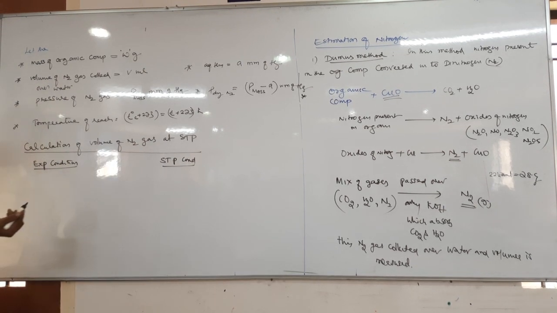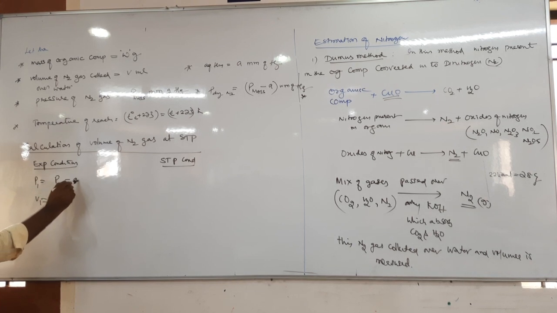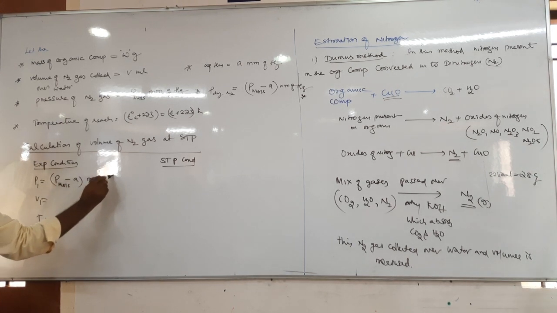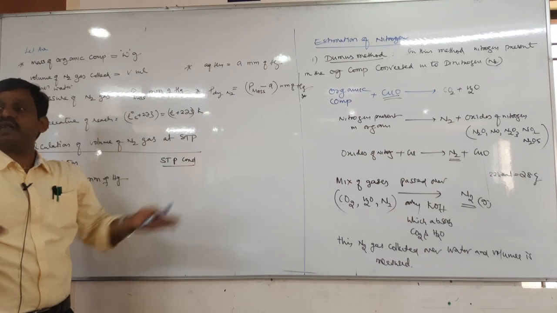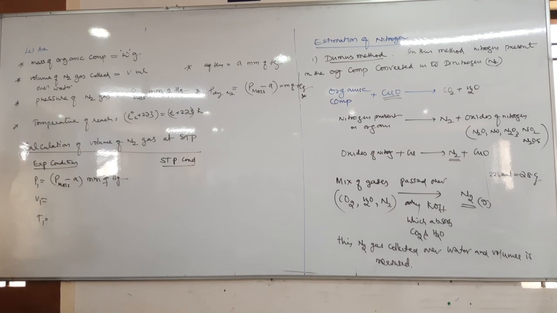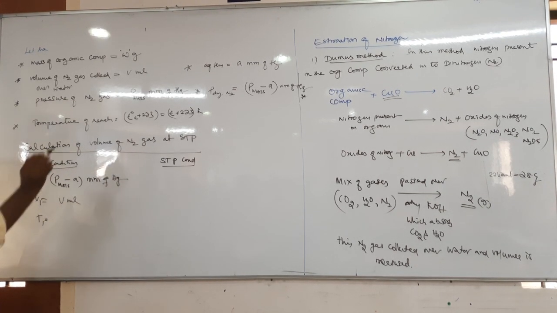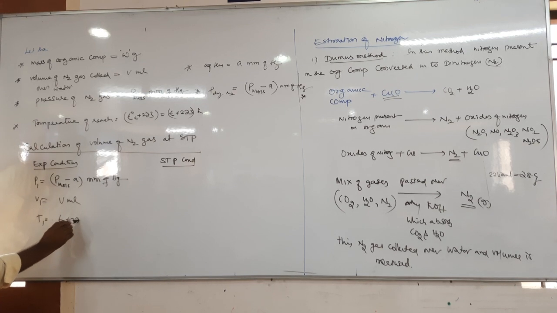For the experimental condition, let us take P1 pressure, V1 volume, T1 temperature. P1 is P moisture minus a mm of mercury, whatever information we got from the experiment. Volume V1 is V ml. T1 is T plus 273 Kelvin. This is the experimental condition.